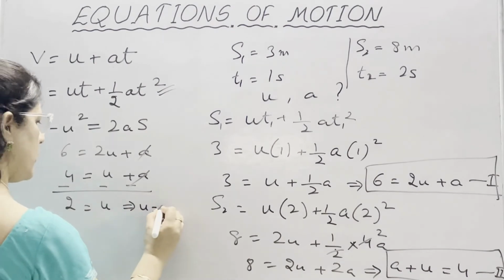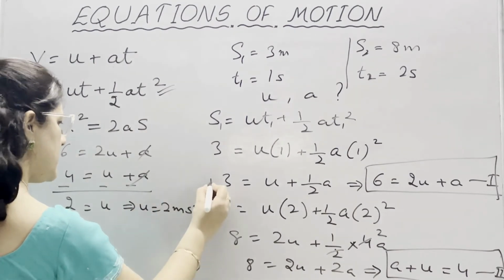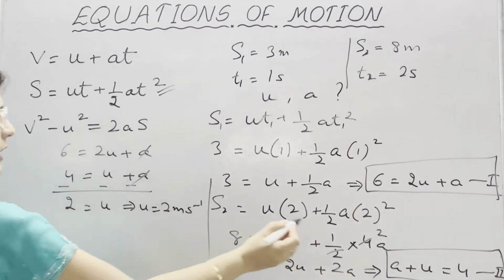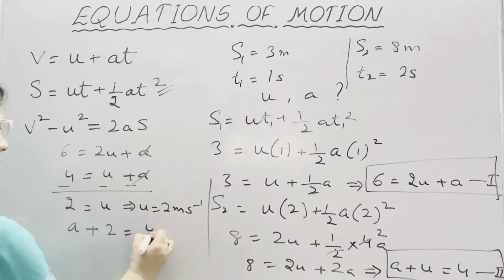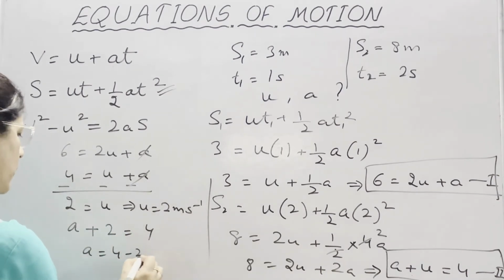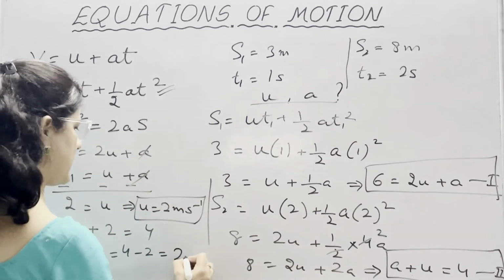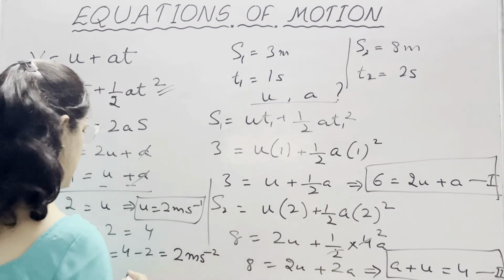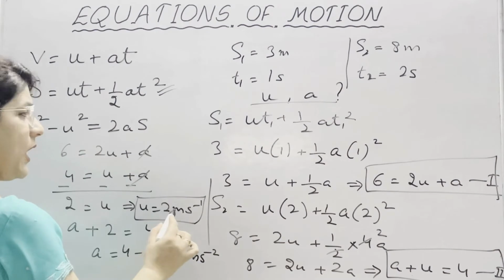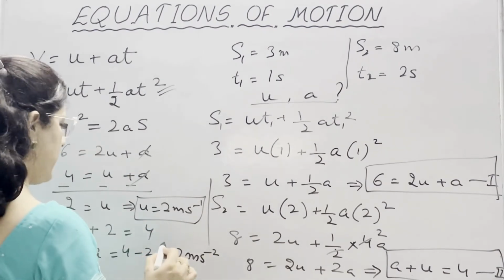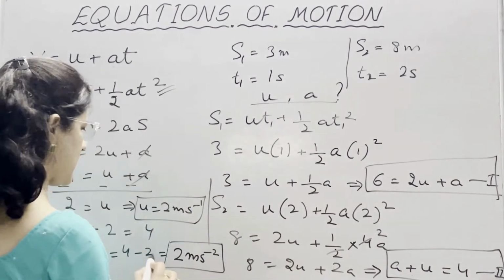So U is equal to 2 meter per second. Now putting this value of U in the second equation, A plus 2 is equal to 4. So A is equal to 4 minus 2 is 2. Now this is acceleration, so unit is meter per second square. So for the two unknown quantities, U answer is 2 meter per second, and for acceleration the answer is 2 meter per second square.